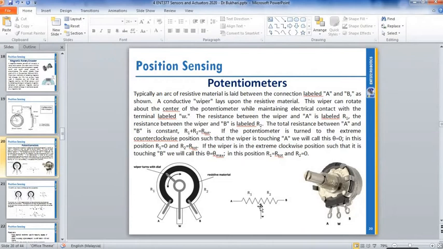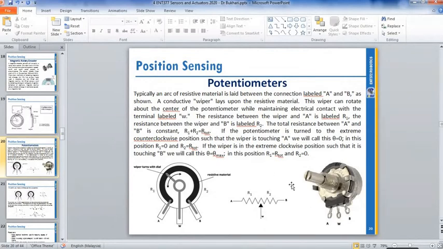So here is more easier to understand. If you move this to A, so that means A to W is 0. If you move to the middle, so A to W is half. B to W is half. If you move until past the B, so B to W is 0, but A to W is maximum 1 kilo ohm.